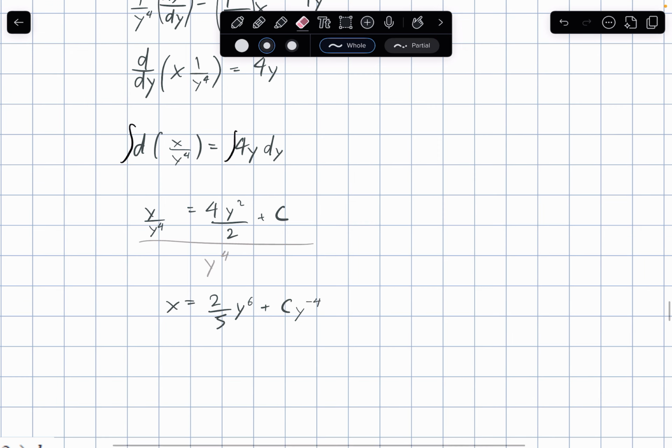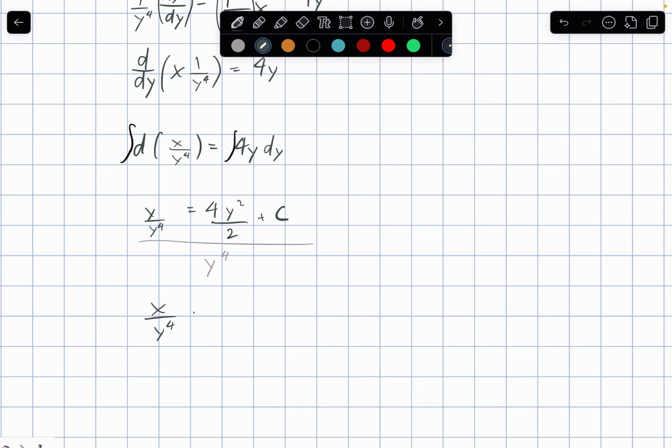Okay, so let's rewrite. X over y raised to 4 equal to 2y raised to 2 plus c. Wait, no. X equal to 2 over y raised to 2 plus c y raised to negative 4.